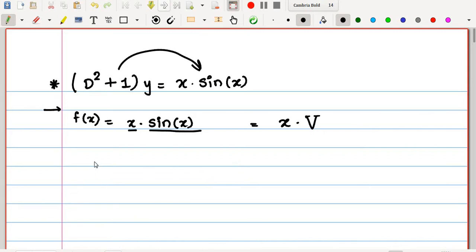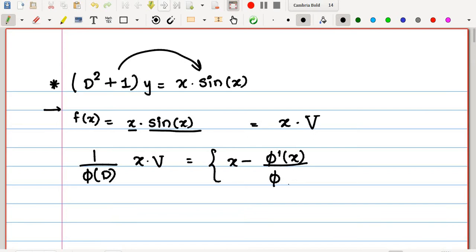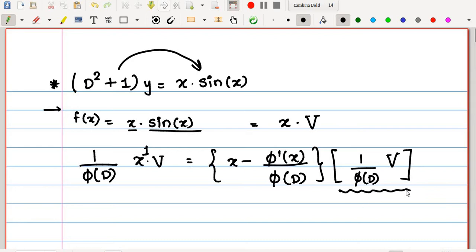But the shortcut formula is 1 upon phi of D, x into V, and the formula is x minus the derivative of the auxiliary equation in the numerator into the original auxiliary equation in the denominator, into 1 upon phi of D, which is to be operated on function V. The condition is the power of x must be 1, and this is not a case of failure.